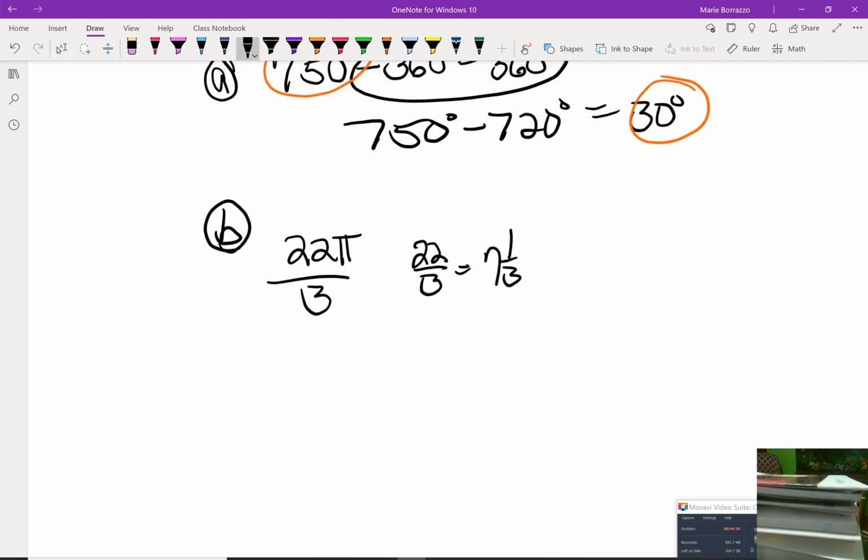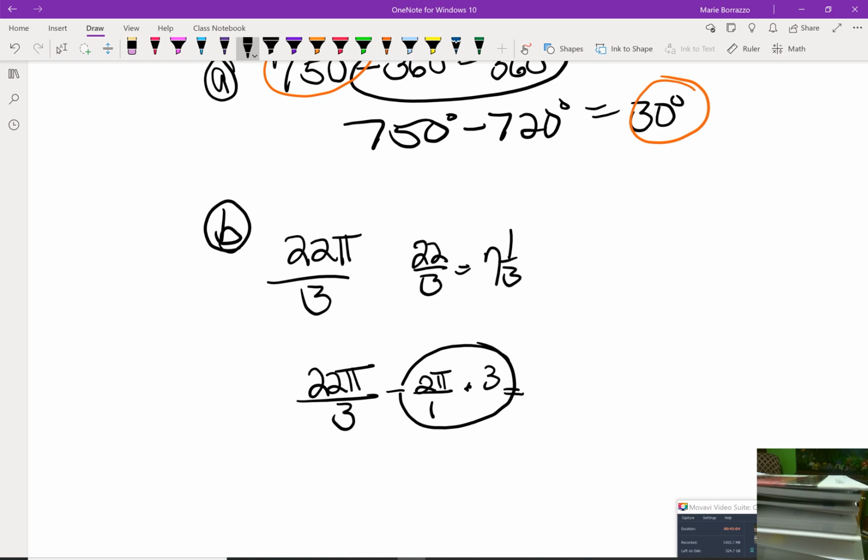Look at it this way. Here's 22 pi over 3. If I take away 2 pi over 1, I would have to repeat this at least 3 times. So in essence, multiply by 3, all of this becomes 6 pi over 1.